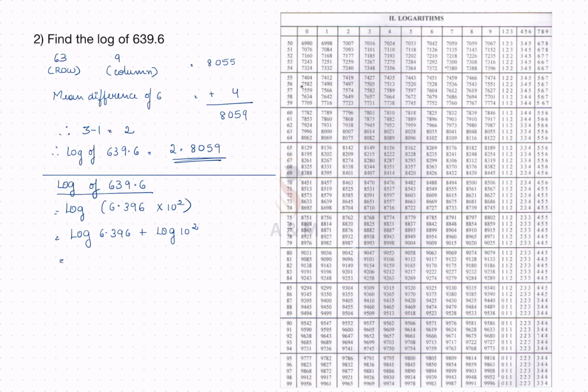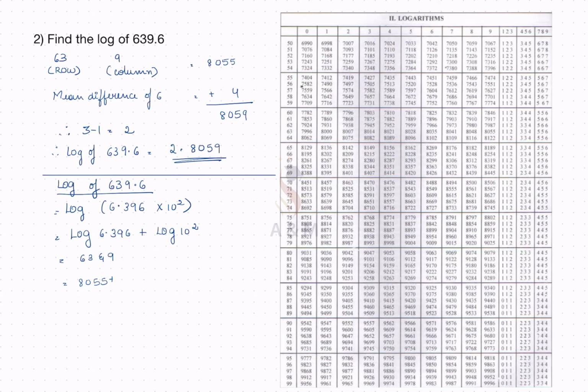Here first take 63 and 9. 63 in the row and 9 from the column. So 63 and 9, it is 8055. For this you have to add the mean difference, right?